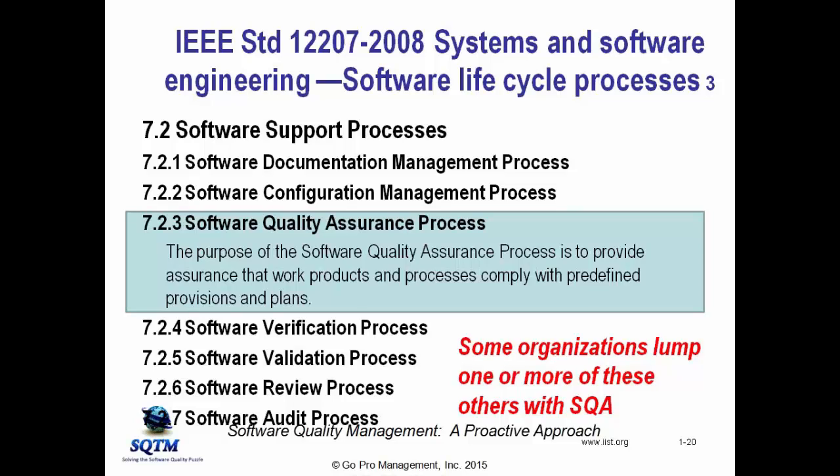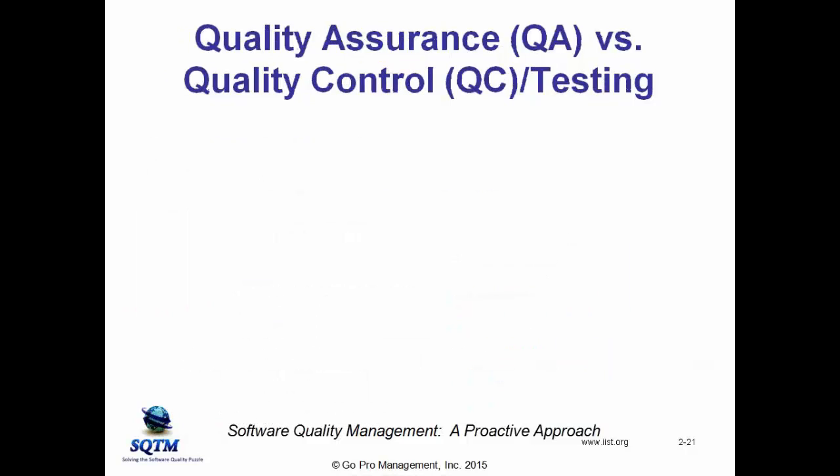So QA might be done in conjunction with configuration management or version control. That's a common thing. Or in conjunction with audit or verification and validation. So organizationally, a lot of folks lump these things. That doesn't really make a difference. It's just that you may be using some slightly different terms.